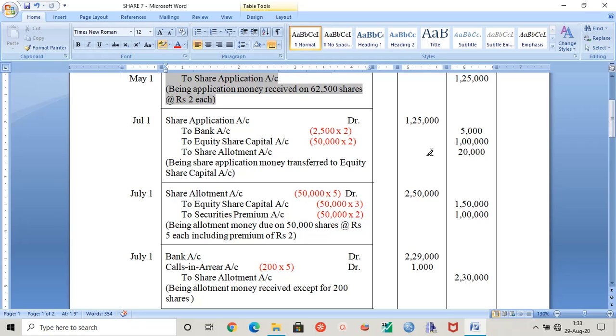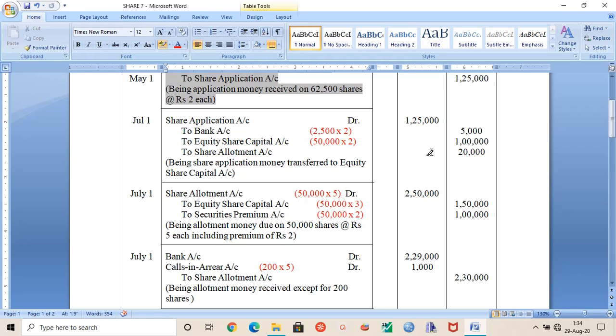So what is pro rata? In short, pro rata is actually the case of oversubscription, in which excess application money will be received, and some portion of application money may or may not be refunded, and the excess money that is received on application will be adjusted with following calls.